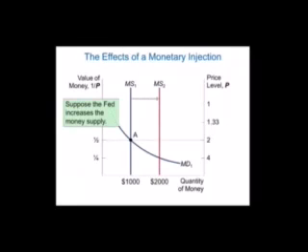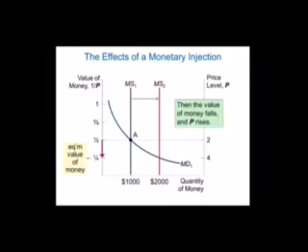Now, supposing the Fed increases money supply. If the Fed thinks that we need more money, then money supply will go up, and the new equilibrium point is point B. If you think about it intuitively, if there's a lot of money floating around, then the actual value of a dollar will not be as high, because if sellers think people have more money to spend, then they're going to start charging a higher price.